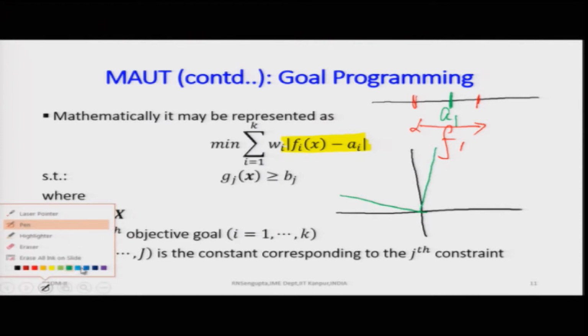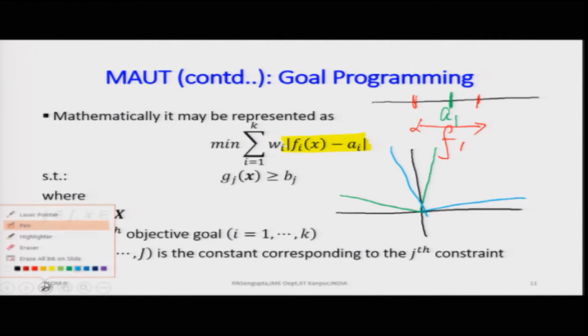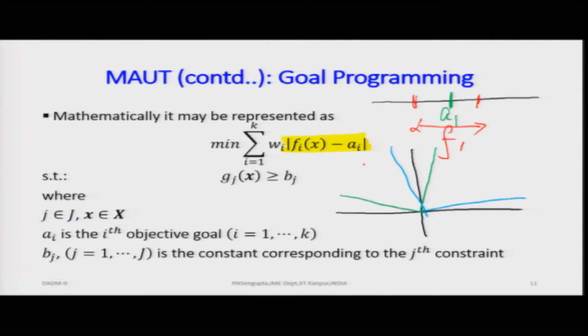In this case, underutilization is more penalized, overestimation less penalized, and in this case underestimation is equally penalized as overestimation. I am sure you have seen these diagrams when I have drawn them. So, you will give weights, and they can be weighted. Weighted means you are giving some weights. So, these would be W1, W2, W3 depending on the number of goals you have to attain.